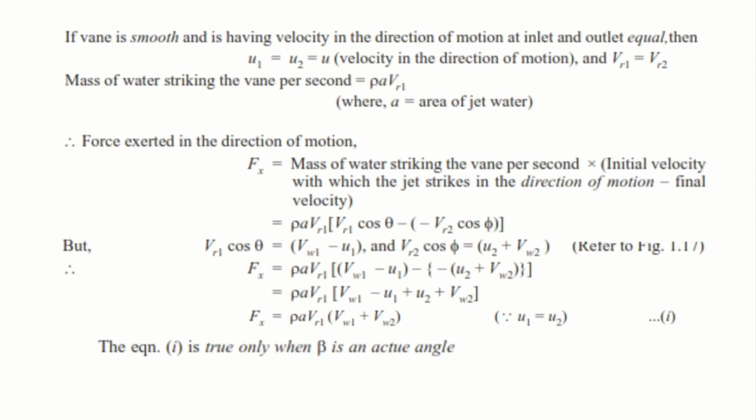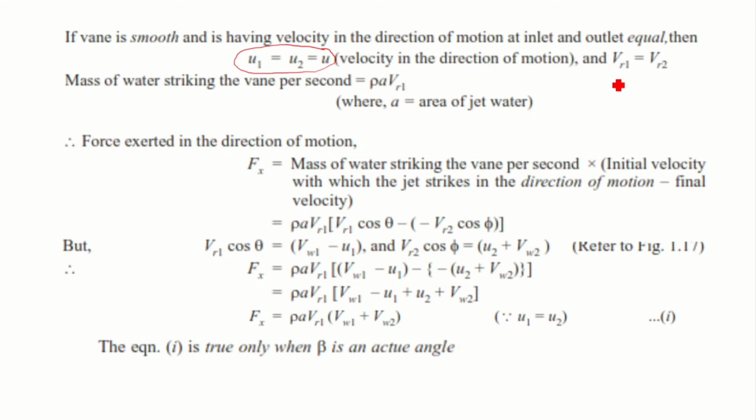Next we can derive the expression for force exerted in the direction of motion. If the vane is smooth, the velocity of the vane at inlet and outlet is equal, and is equal to u.